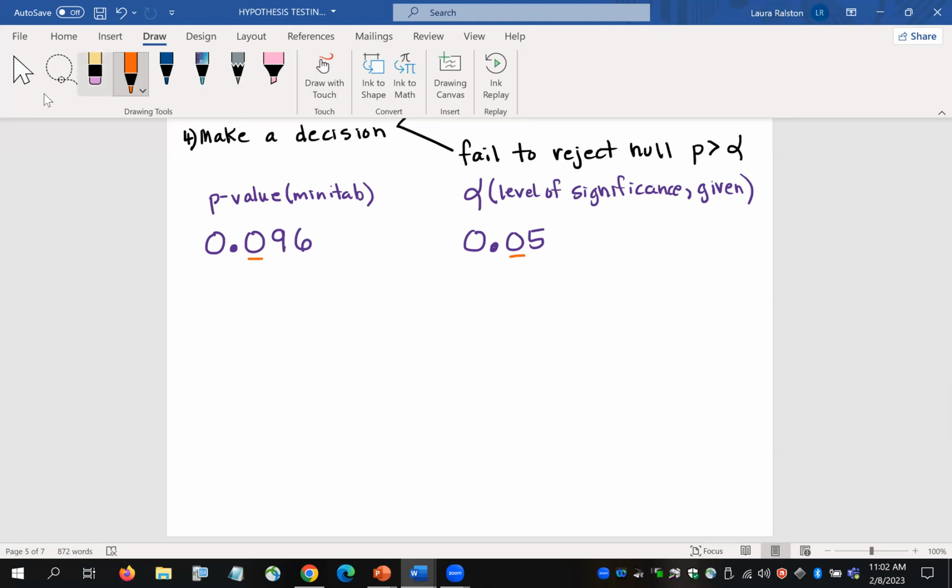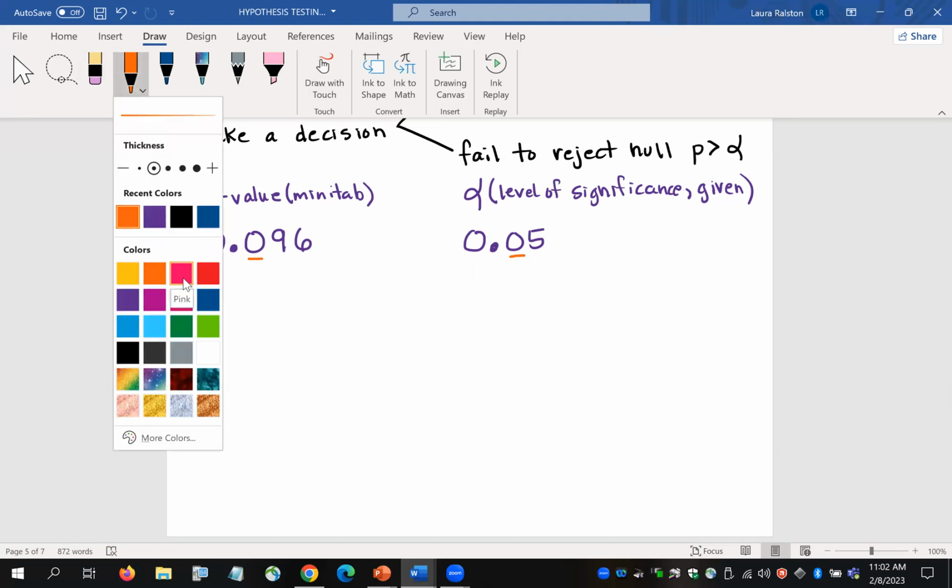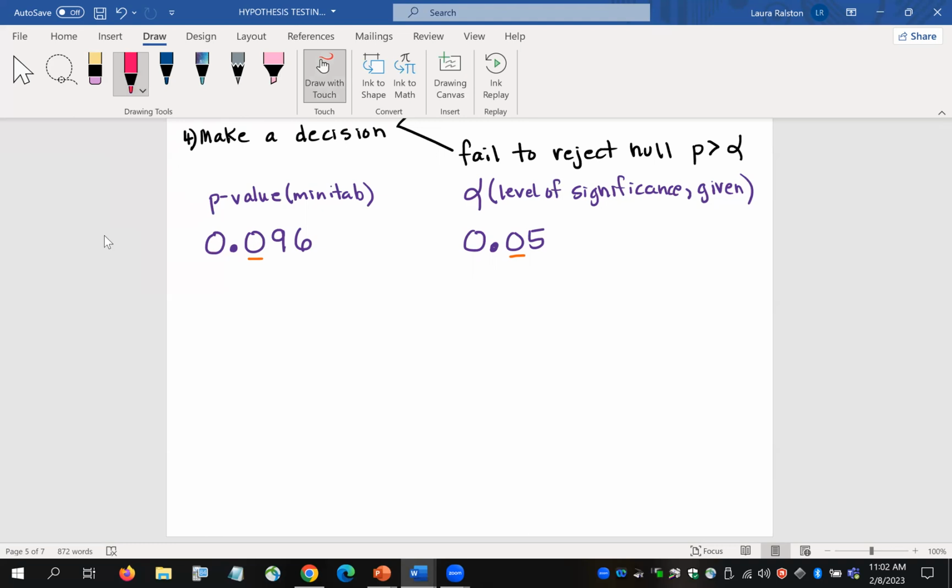Then I'm going to look at the second number in each decimal value. So I have a 9 compared to a 5. 9 is greater than 5, so 0.096 is greater than 0.05.